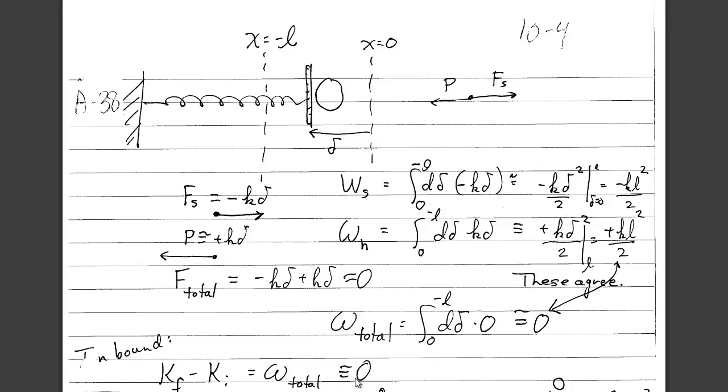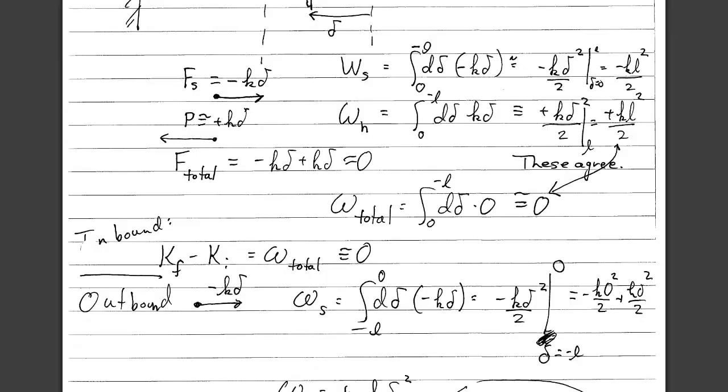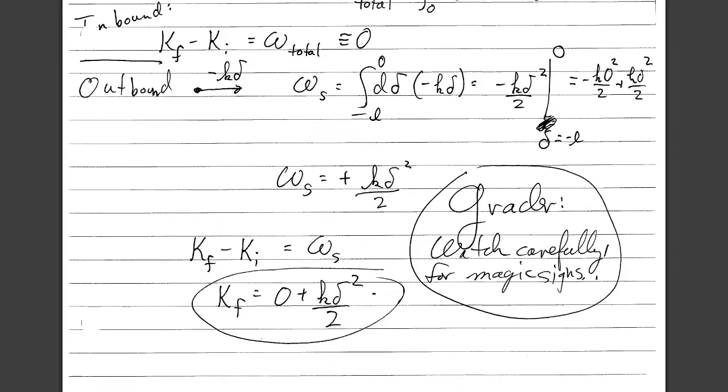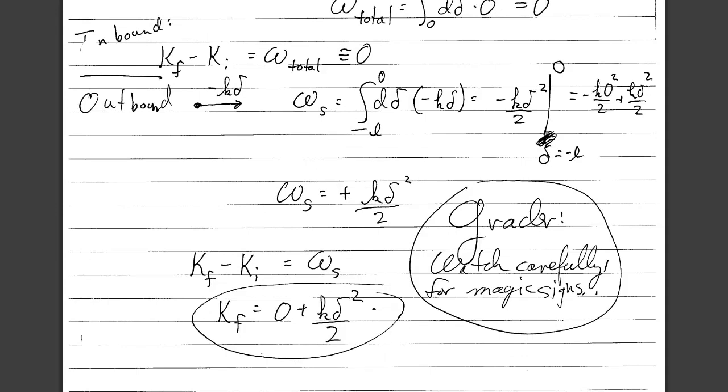So inbound, the change in the kinetic energy, thanks to the work energy theorem, Kf minus Ki is the total work, is 0. What about what happens in the outbound direction? Well, let's shift to the outbound direction. In the outbound direction, the force of the spring is the same as it was before. It's minus Kd.